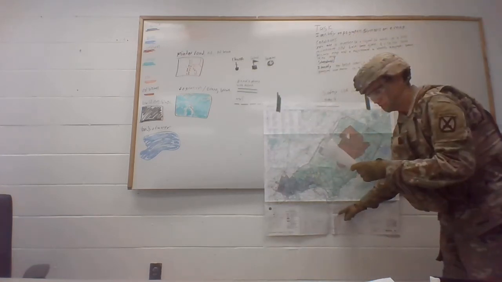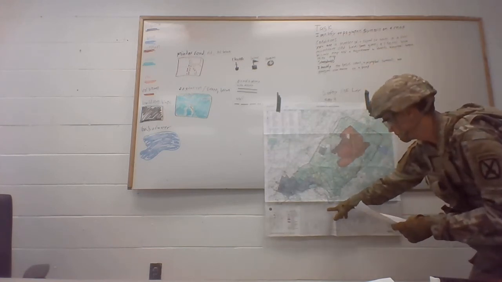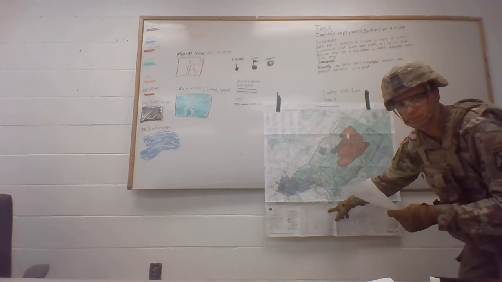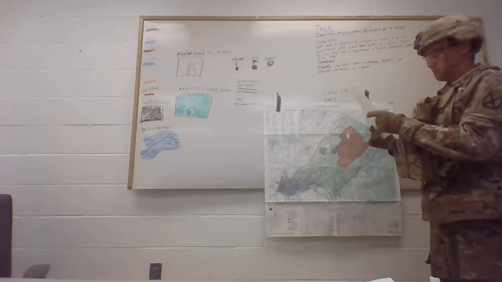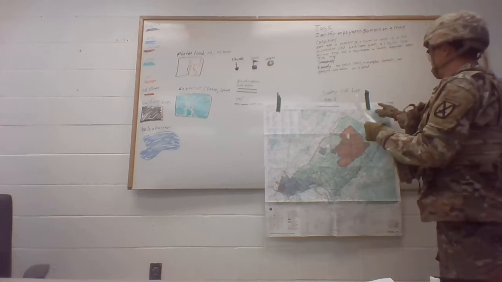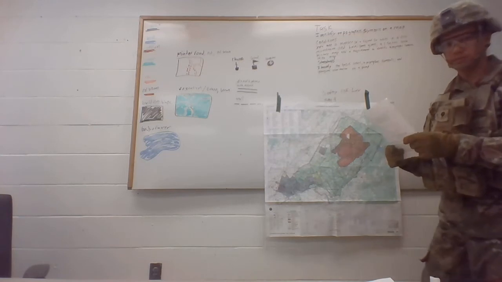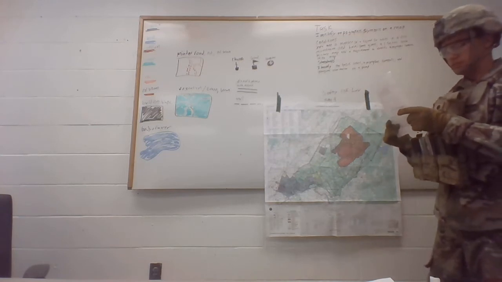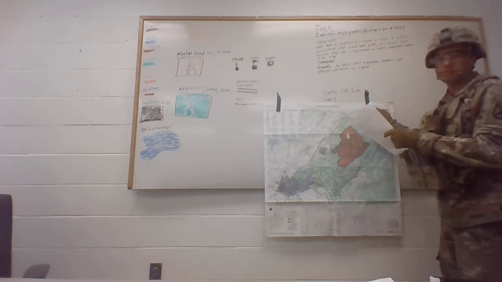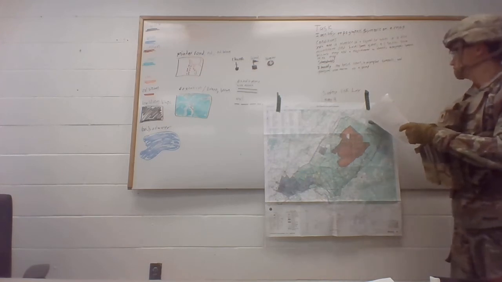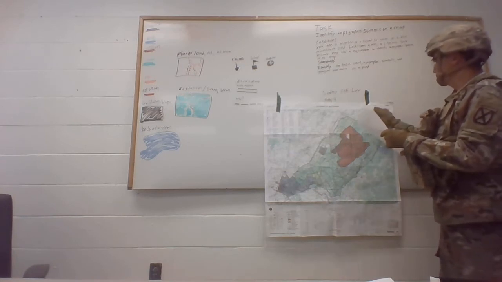Right down here, you would have the scale, and it shows you the length of distances. Then you would identify the series number. The series number is Victor 721 Sierra for this military map. The edition number, which would be right up here, right next to the series number, is 4-Sierra Romeo Papa.